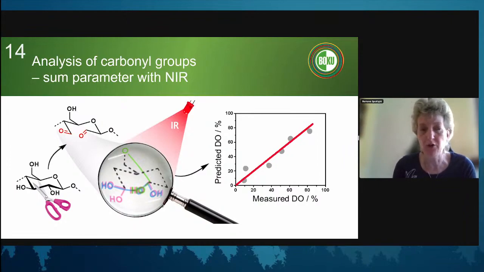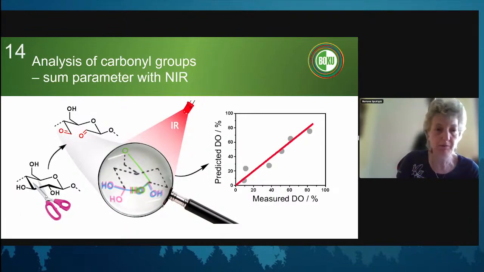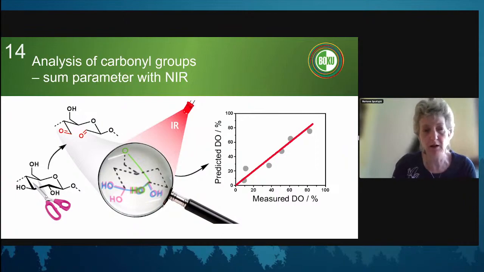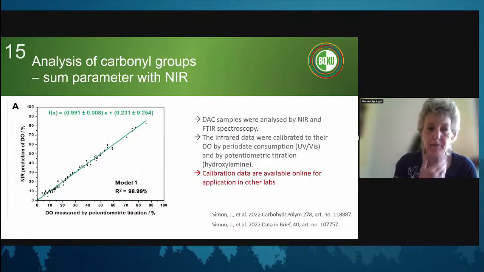So we measured the carbonyl groups for quite a number of samples with different methods, but mainly oxime methods and the classical UV method, which just uses the depletion of periodate. And if you correlate that, you have the chance to predict the total amount of introduced aldehyde groups in the periodate oxidation by a simple NIR or FTIR measurement.